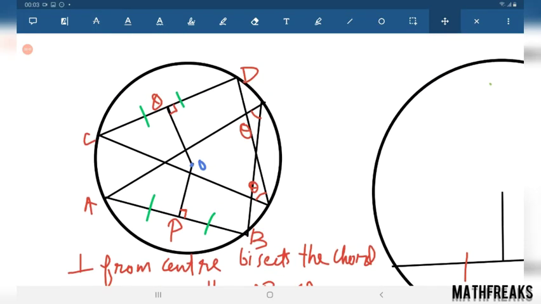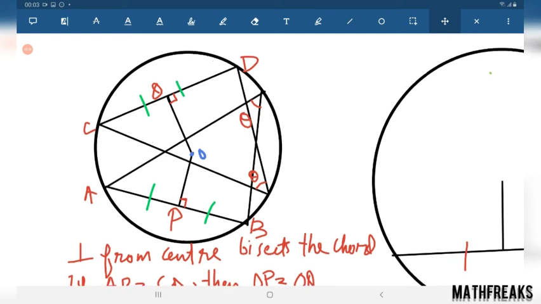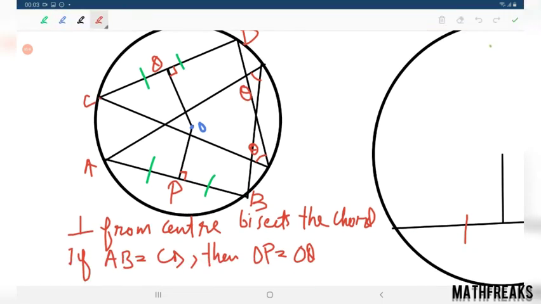Now, the angle subtended by equal chords. Equal chords subtend equal angles in the same direction. What do I mean by direction? With respect to this, the direction of this chord towards the center is this direction.